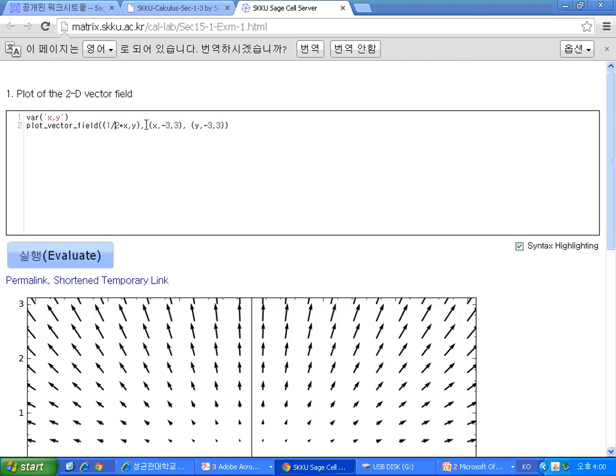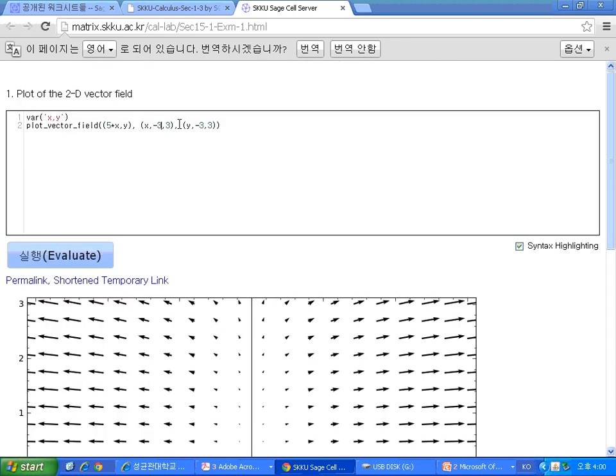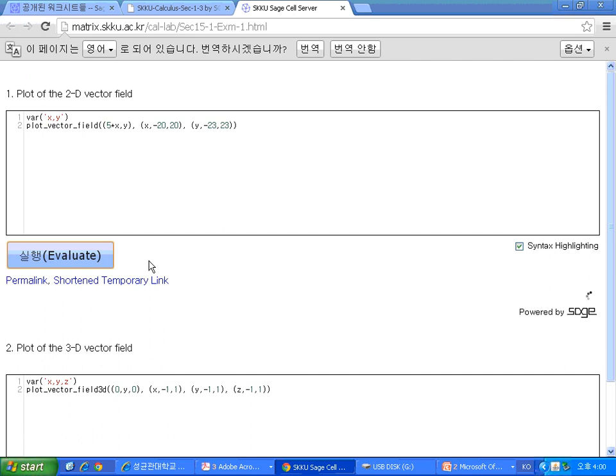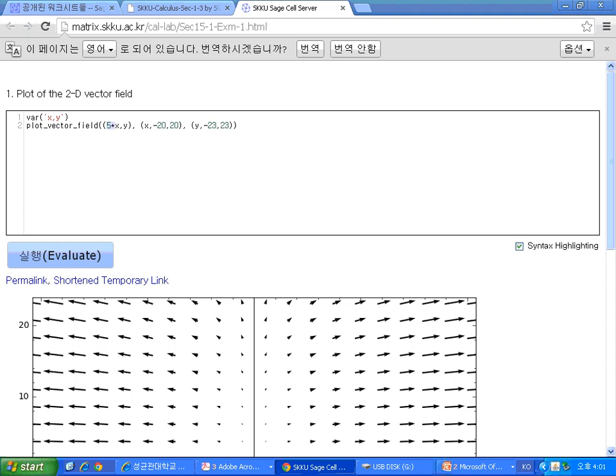If we change the coefficient like this, then we will have a different vector field. If we change the range, say from -20 to 20, or change it to 23, then we will have another function like this. As you see, it moves 5 times farther compared to the x-axis, which shows the vectors are much more in the x-axis direction.